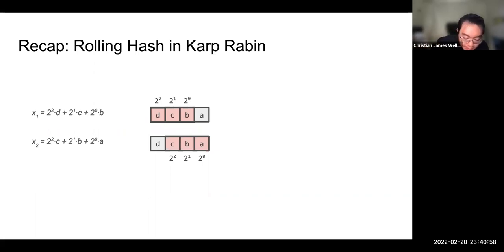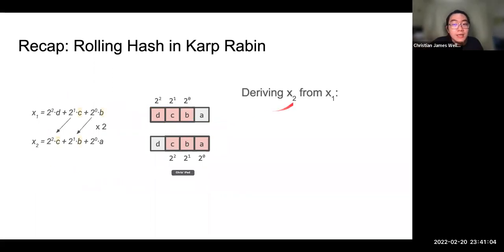Let's say the decimal for this is x1 and the decimal for that is x2. So how do I derive x2 from x1 when we do the rolling? Notice how the powers of C and B increase by 1. So you can imagine there's some multiplication by 2 here, but you can't multiply by 2 immediately because of this term.